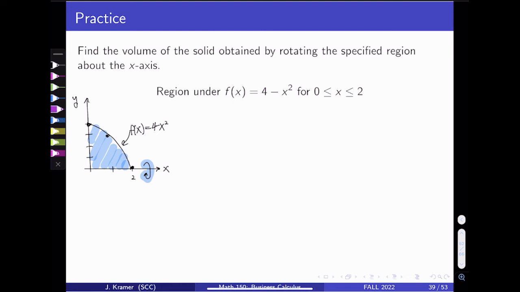And so what I'll do is draw a representative rectangle. That will help me identify what the height is, which is always going to be my delta x once I create my cylinder. And then the radius is always going to be the height of the function from the x-axis out to the curve. So that's going to be my f of x.